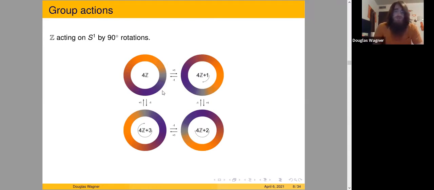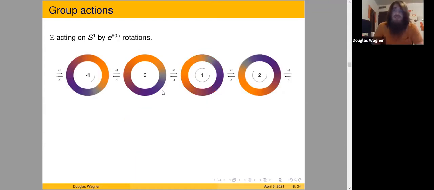Or something more interesting, it could rotate by e to the 90th degrees. Since this is irrational, the action ends up free, and we get this picture which looks like a Cayley graph.